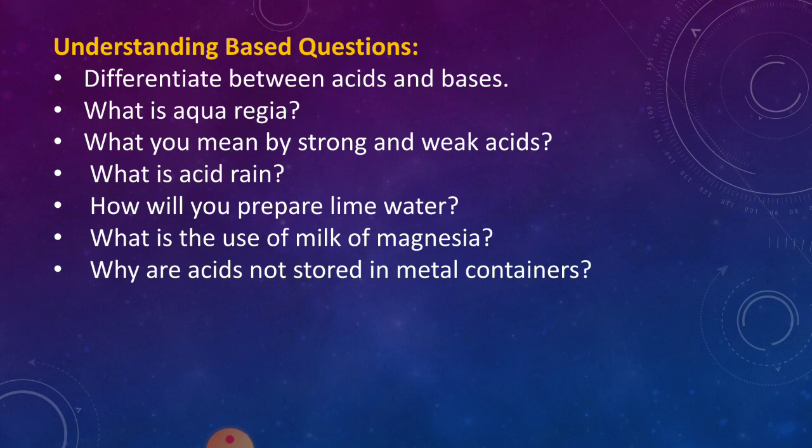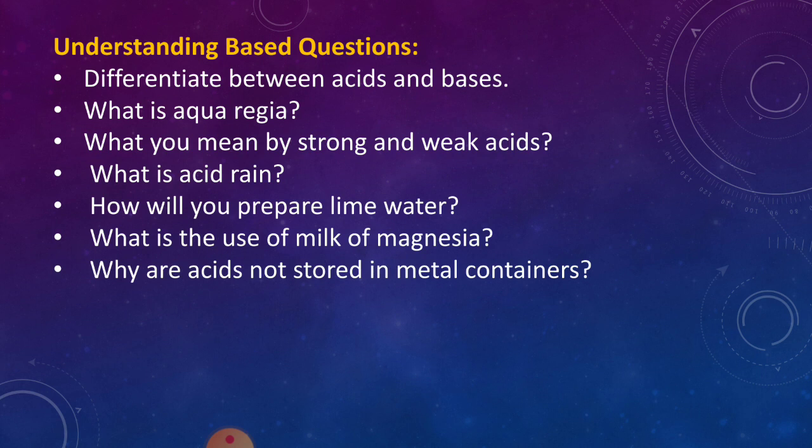So first read this chapter, then watch the video, and these are some understanding based questions. You will get answers from this video, or you can get answers from the book also. So first question, differentiate between acids and bases. Everything I have discussed here about acids and bases. It will be better when you differentiate between acids and bases.